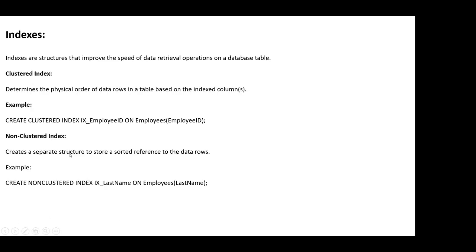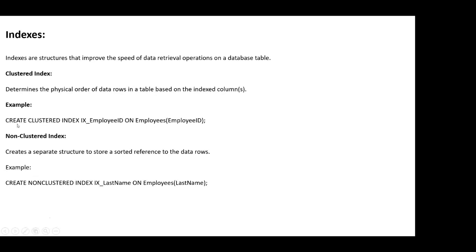Okay. Now indexes. Like I have explained, indexes speed up the data retrieval. So indexes are structures that improve the speed of data retrieval operations on a database table. Now types of indexes are clustered and non-clustered. Clustered determines the physical order of data rows in a table based on the indexed column.